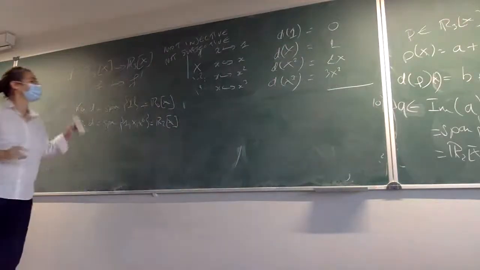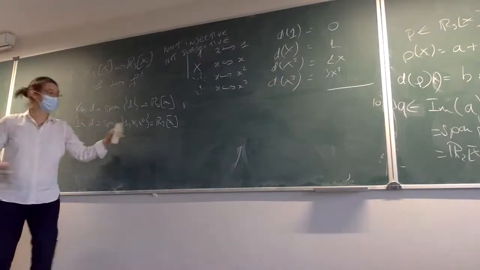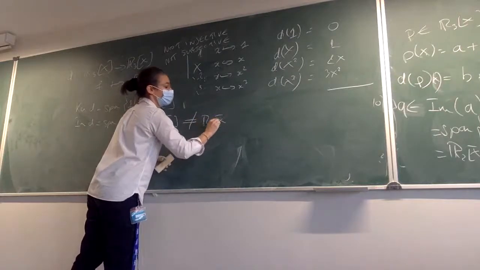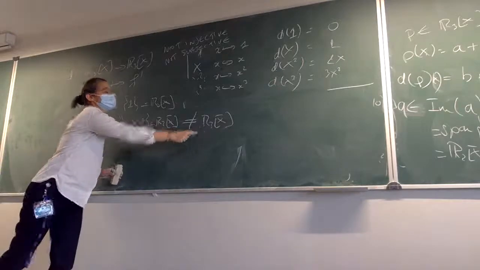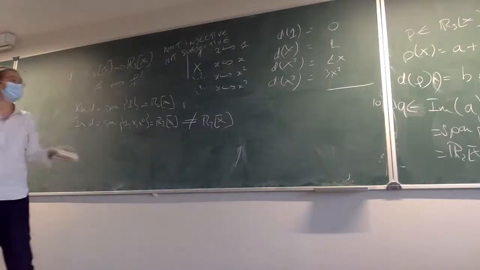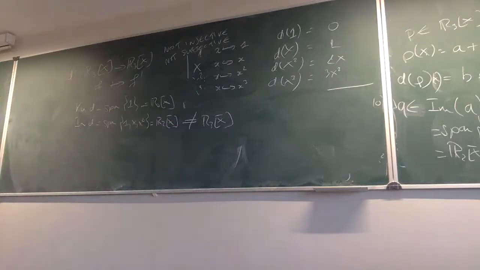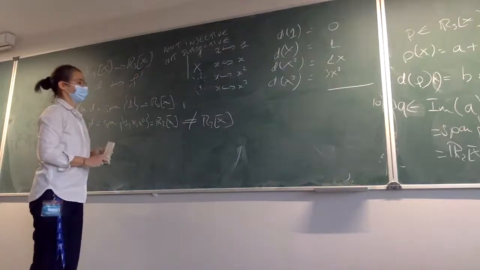So it's not going to be injective because this is not only 0. And it's not going to be surjective because this is not R3[x]. It's strictly included in that one. There are elements of R3[x] that are not in R2[x]. That's the only reason why it's not surjective.